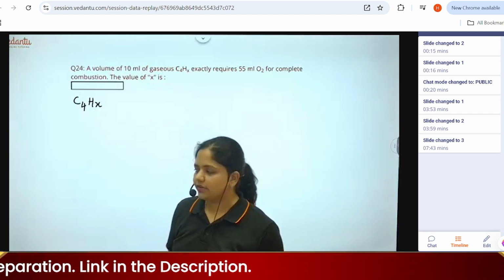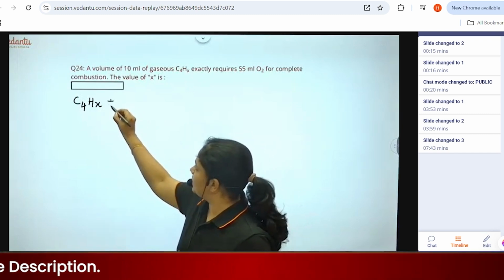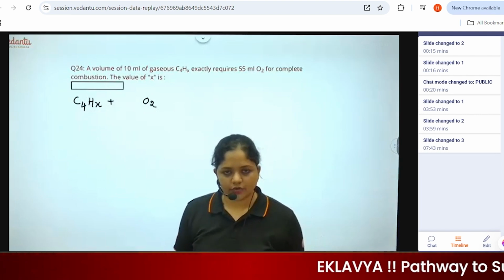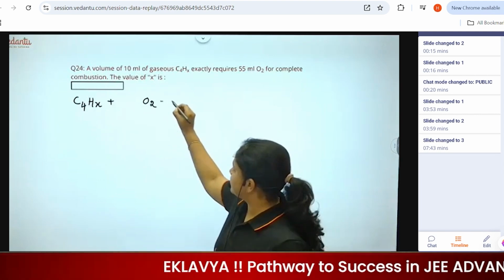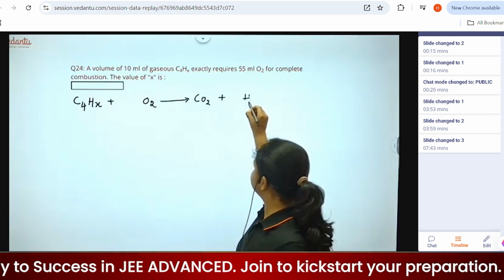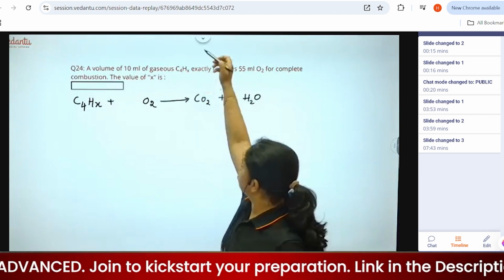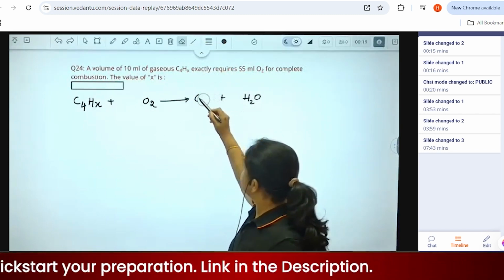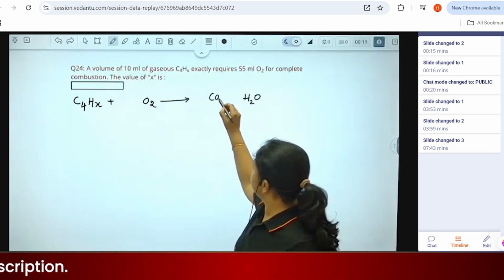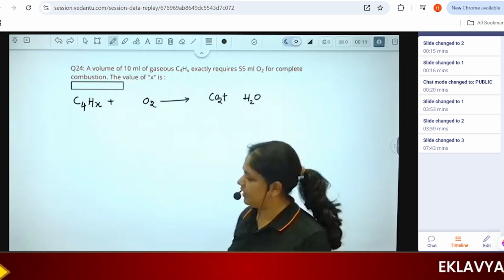We have a hydrocarbon undergoing combustion, meaning reacting with oxygen. Any hydrocarbon upon combustion gives rise to carbon dioxide and water. So let me write down CO2 plus H2O.